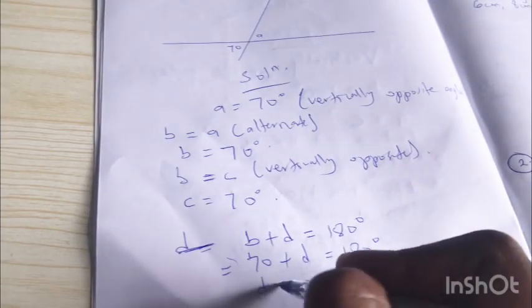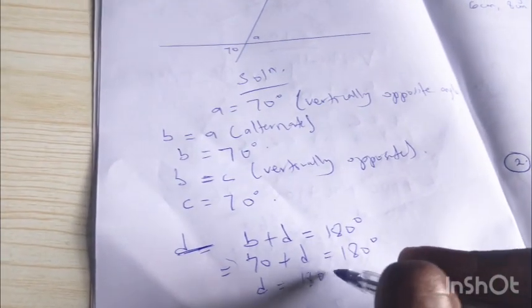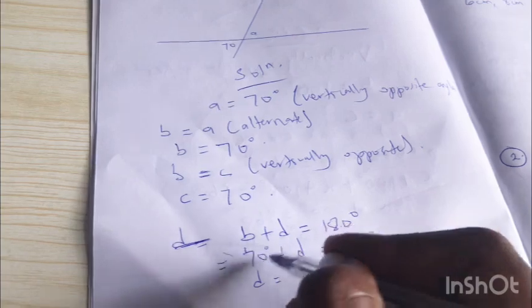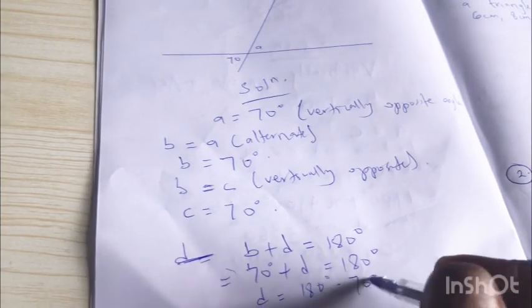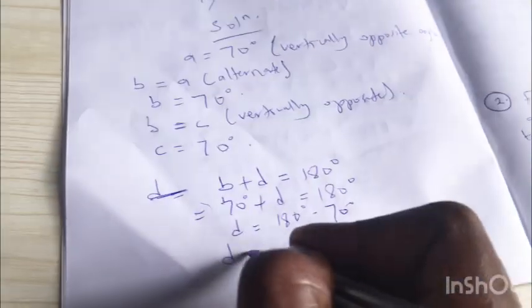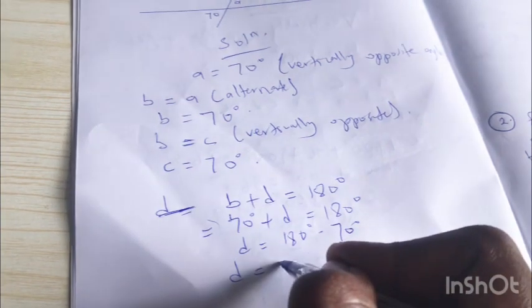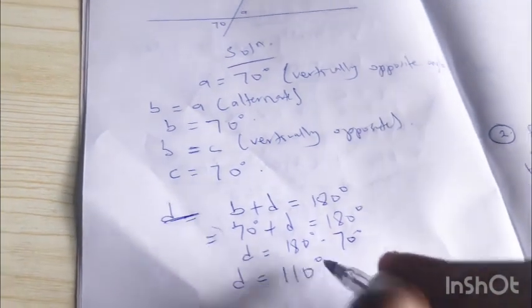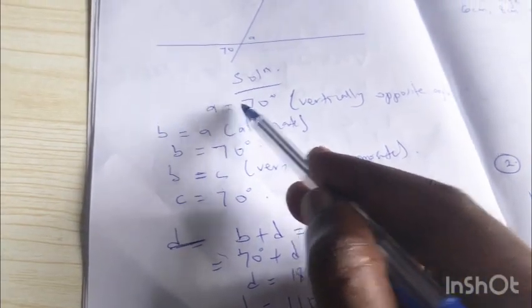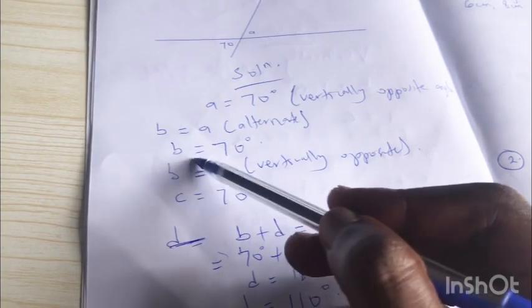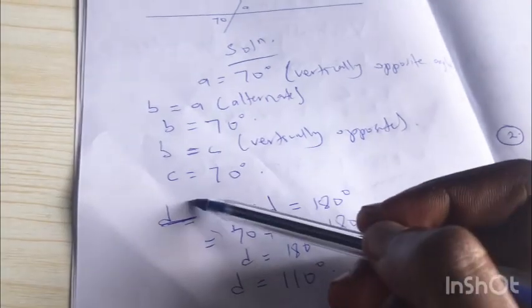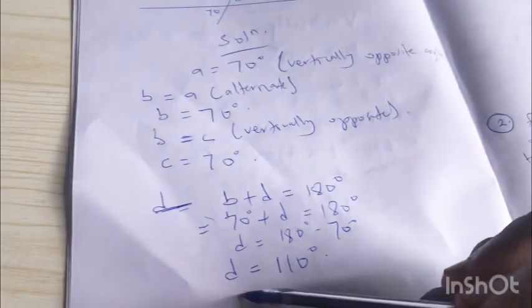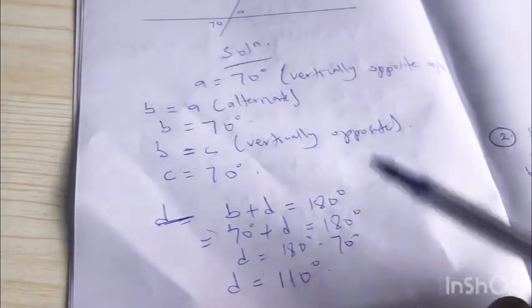Now let's group like things. D equals 180 degrees minus 70 degrees. Now D is equal to, when we subtract, what are you going to get? 110 degrees. Hence, A is equal to 70, B is equal to 70, C is also equal to 70, and D is equal to 110. Thank you very much.